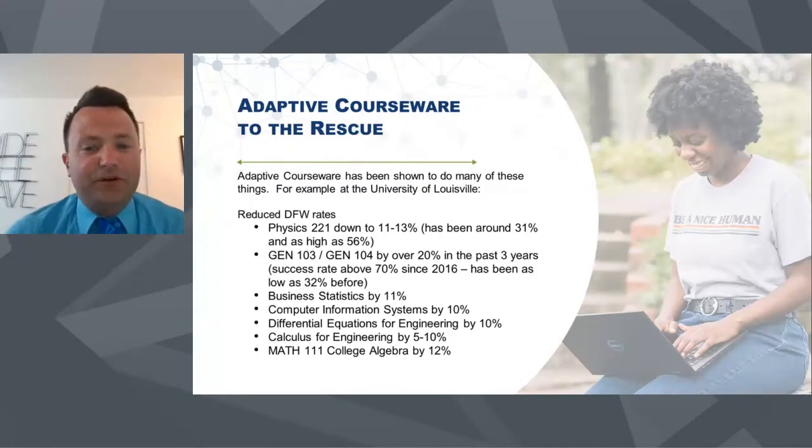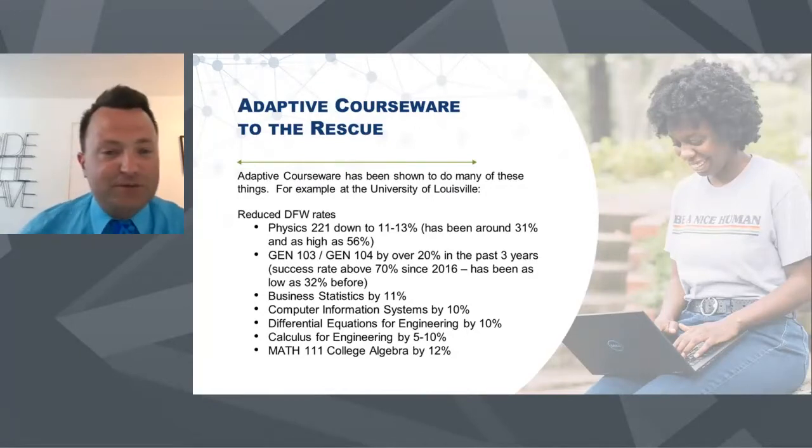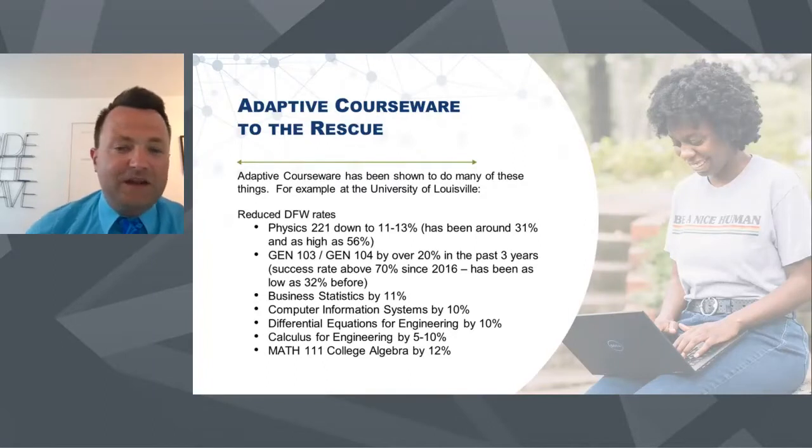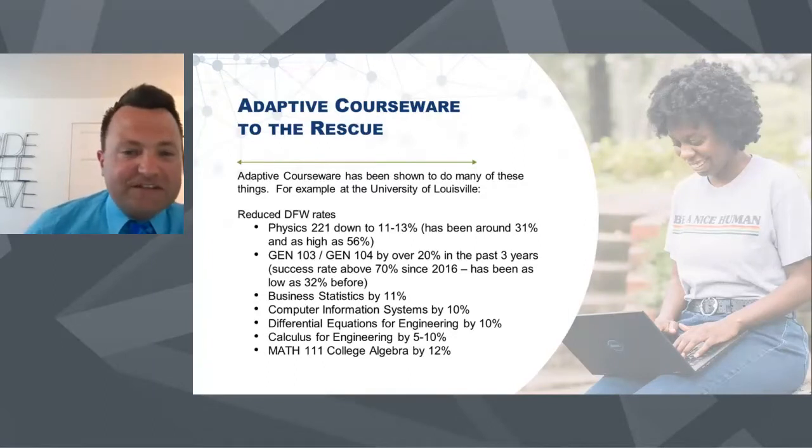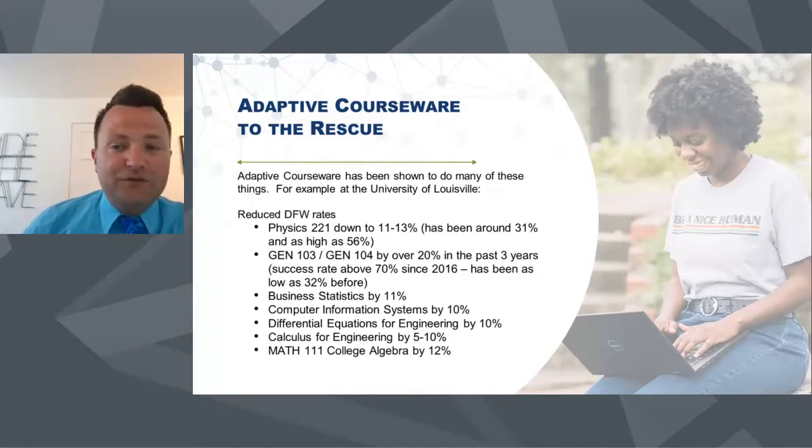Business statistics, we've reduced DFW rates. Our CIS courses, we've reduced by 10%. Differential equations, we use adaptive courseware there and reduced by 10%. Calculus and math. And you can see that a lot of the sciences or math classes are seeing the most results.